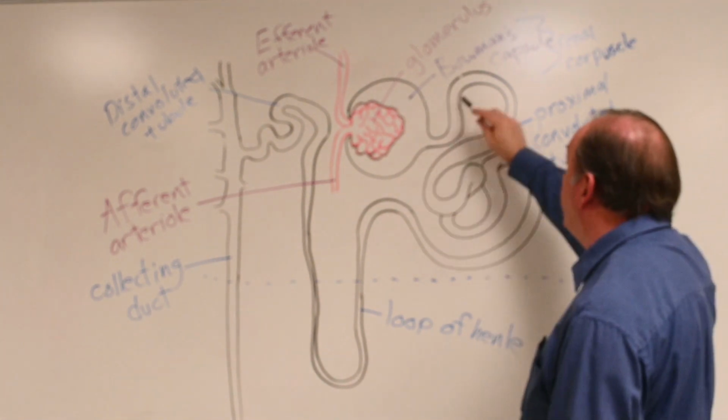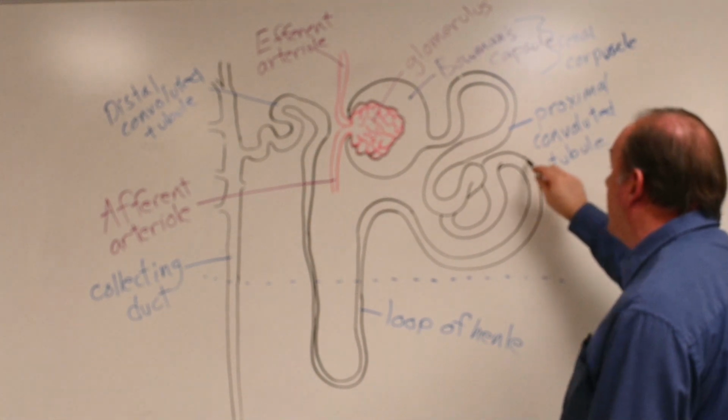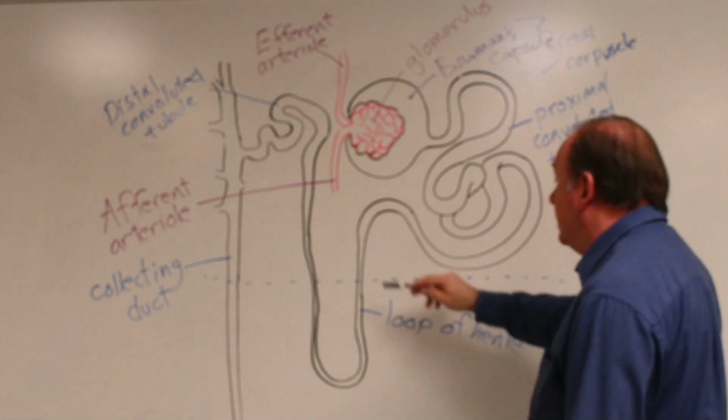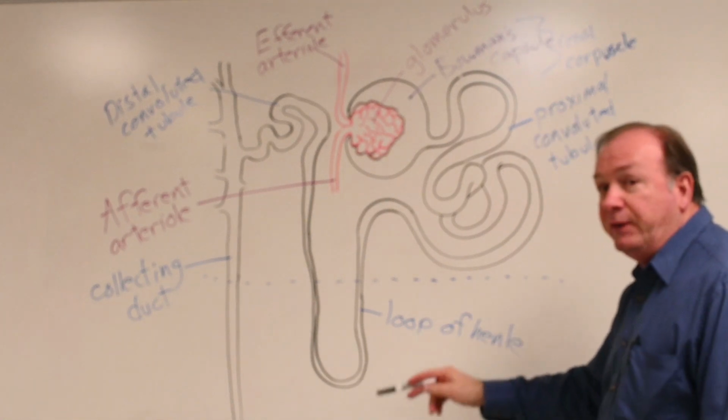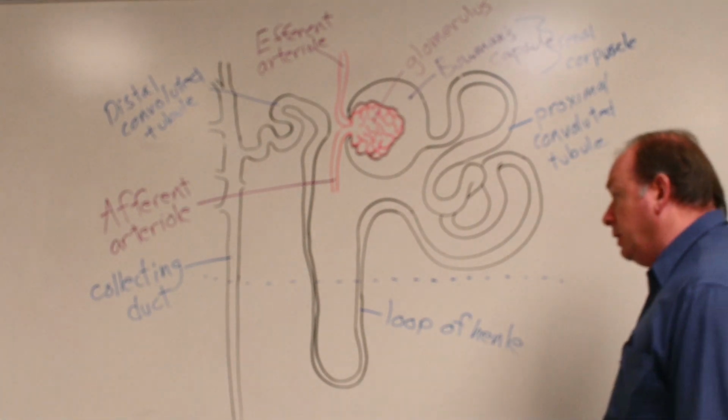So we have a lot of the retention of good stuff, things you want to retain, in the proximal convoluted tubule, and a lot of our water comes with that. The loop of Henle is specifically adapted to pull water out of the urine.